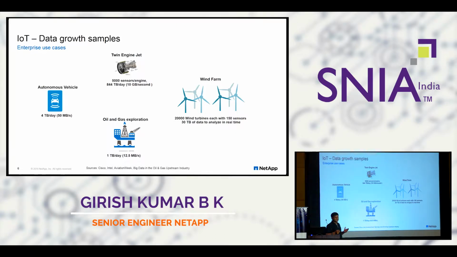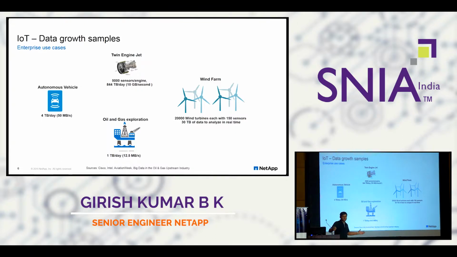Because wind farms will be optimally running whenever the wind flows in the direction exactly around 90 degrees to the fan blades, right? And there is physics and mathematics behind that. If you tilt, it will be rotating at a lesser speed. So when the wind moves in a different direction, you need to take action. So who will tell that?